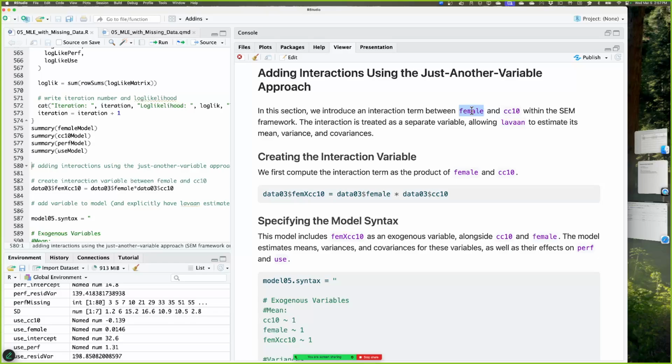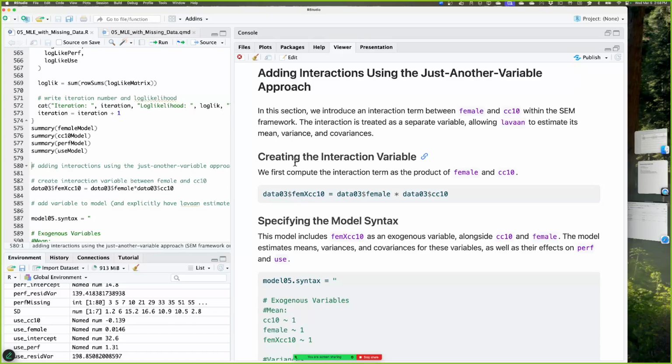Okay. The next example from the book is interactions. Now, a variable interaction is really we're predicting an outcome with the product of two other variables, right? So it's almost like forming this third variable. So if I wanted the interaction of female and CC10, I would just make the product between two of them and multiply them together.